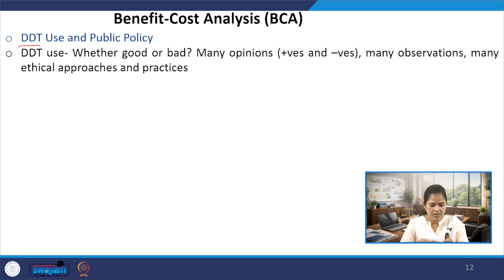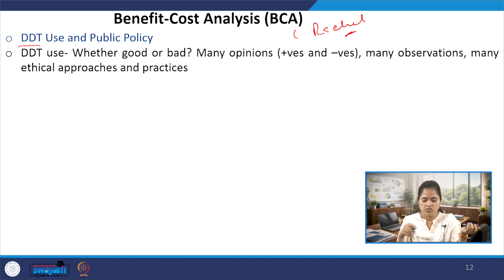One write-up, a very strong policy write-up, I would say, is by Rachel Carson. She is a scientist and she wrote a very influential book on the use of DDT and how it has impacted the environment.